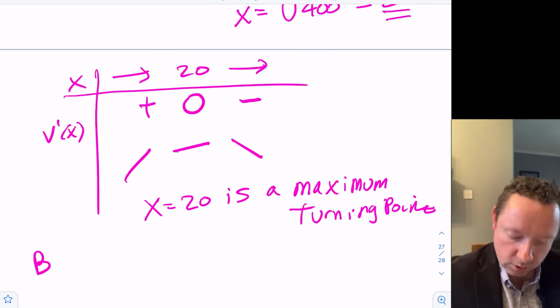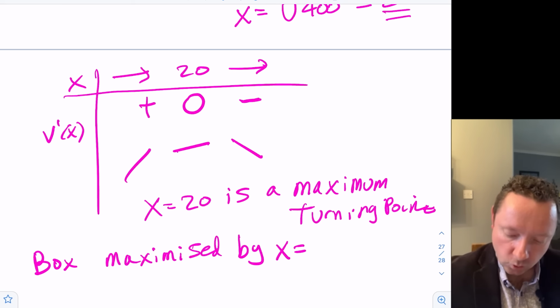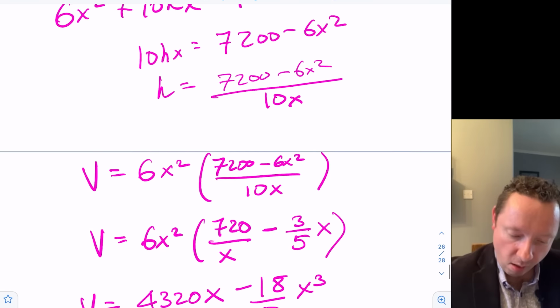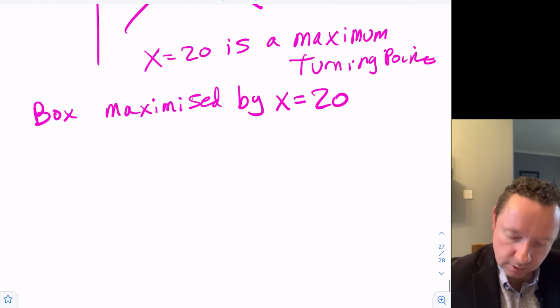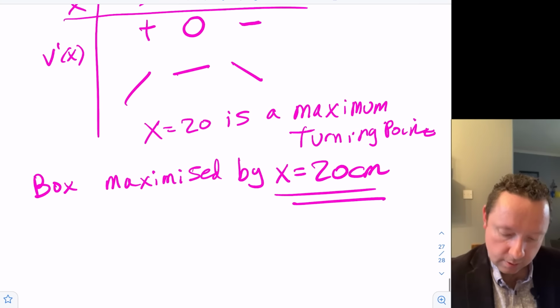So the box is maximized by x equals 20. Is it centimeters? Yeah, centimeters. And we're done there.